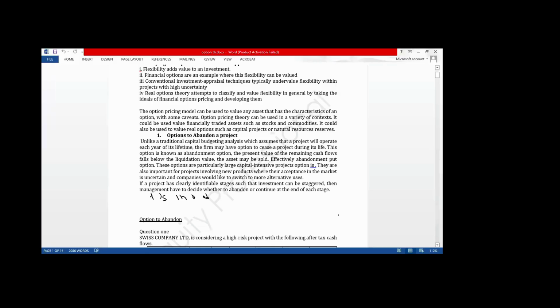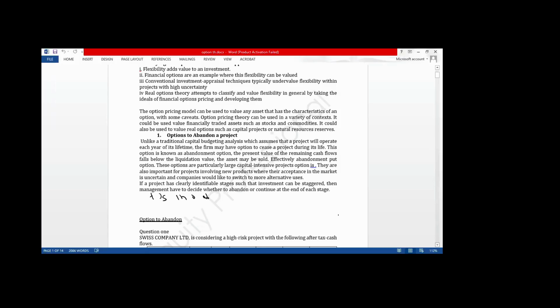However, where project expectations are not met, the company can decide to abandon the project pathway and sell such projects.